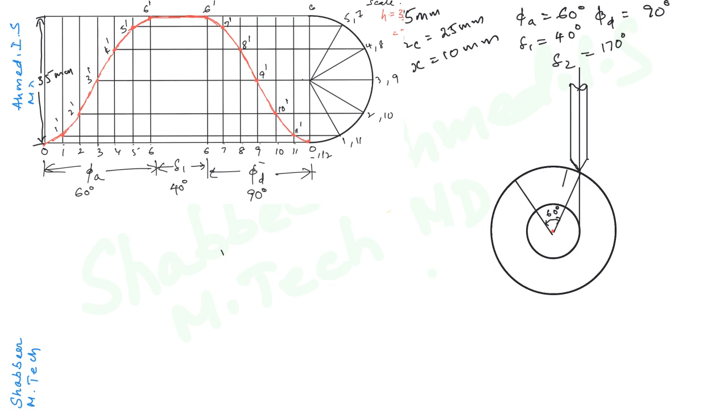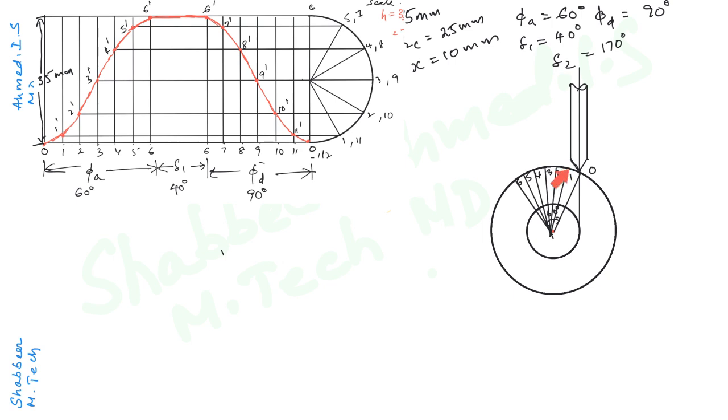So here we have the first part, then the second part, third part, fourth part, fifth and sixth part. Now I will mark the numbers 0, and we have 1 here, and this is 2, 3, 4, 5 and 6.